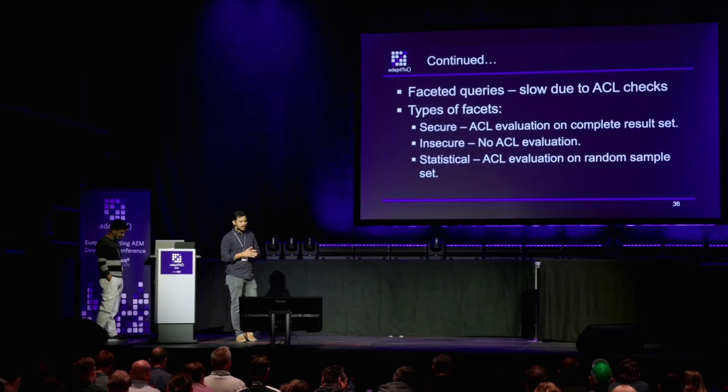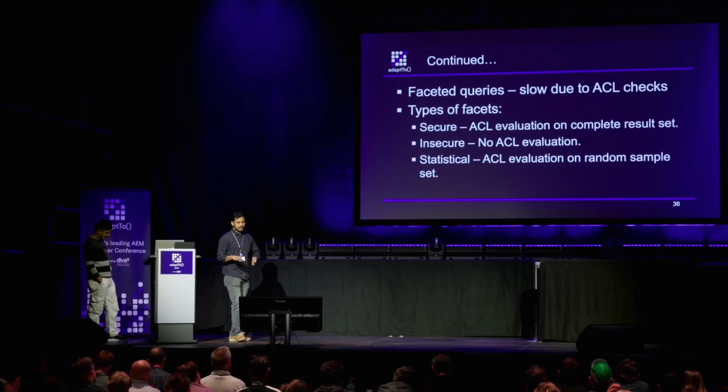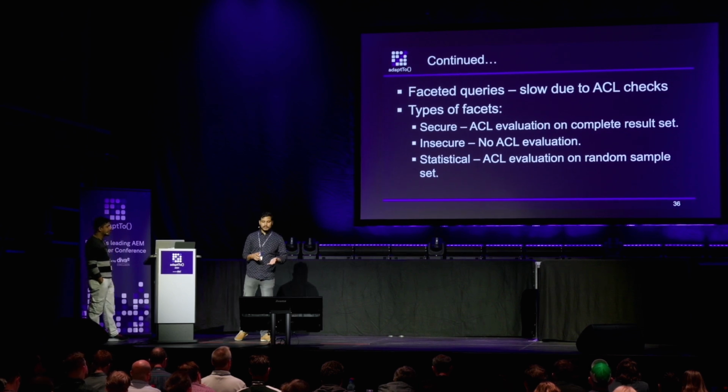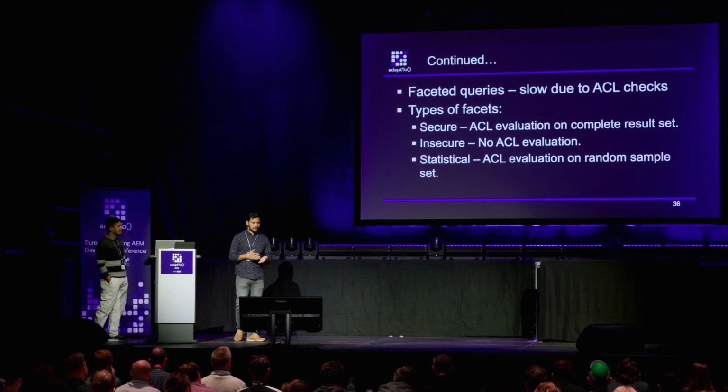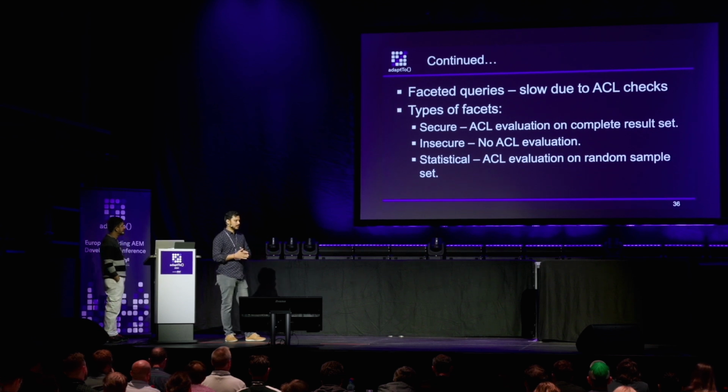With the secure config, it basically says you have to do ACL evaluation on your complete set. If you set this configuration to insecure, no ACL evaluation happens, and you get the results that are there in the index itself.